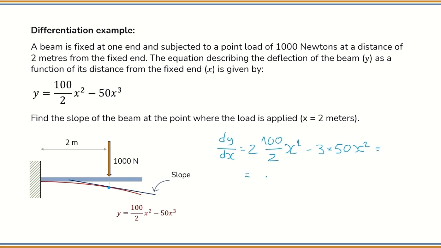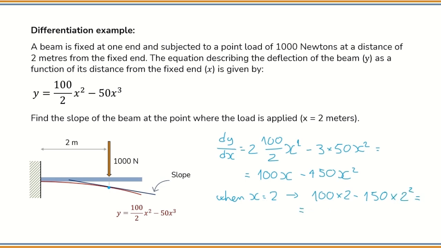And this is 100x minus 150x squared. When x is 2, 100 times 2 minus 150 times 2 squared.